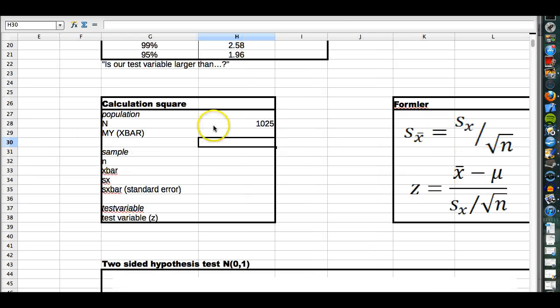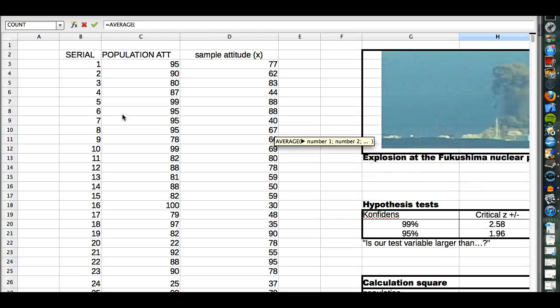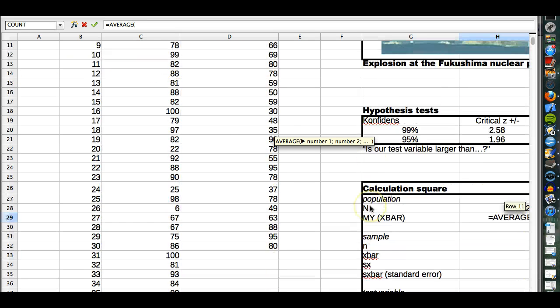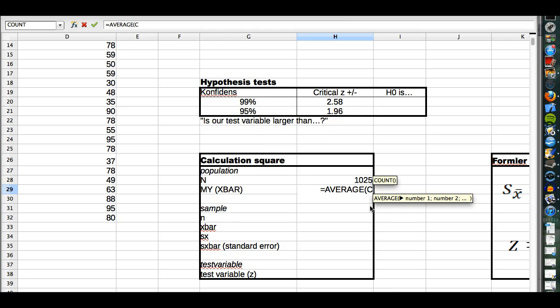So first we're going to need the true population x bar, the true attitude on average towards nuclear power before the explosion. So I'm going to write equal to average, parentheses, and this data set is very large, so I'm going to use the cells instead of just selecting it manually. So I look at column C here, column A, column B, column C, and row 3, that's where my first observation is located. So I'm going to write C3, which specifies where our data set begins, and then a colon.